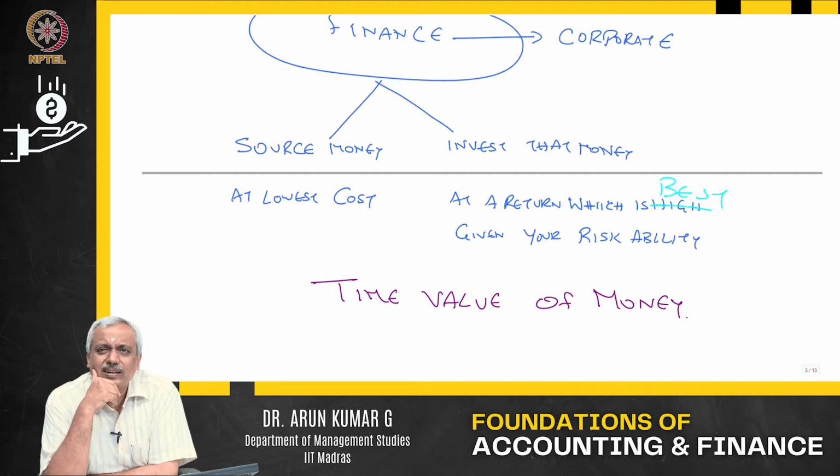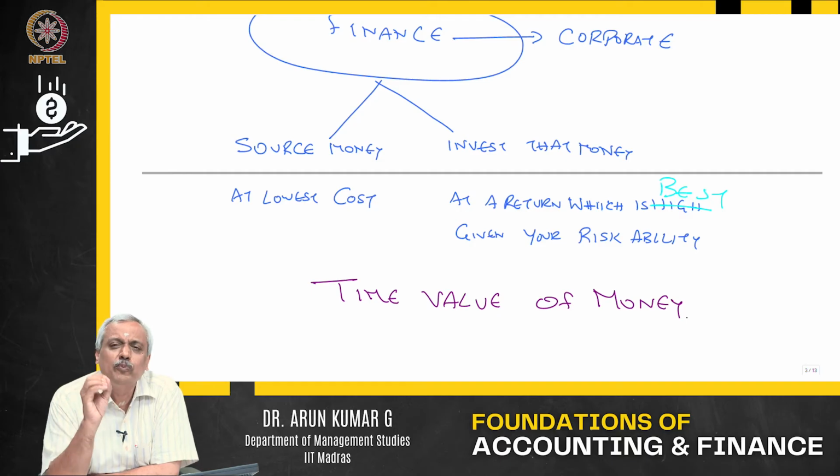Please note, a rupee today is worth much more than a rupee tomorrow. That is, supposing you have 100 rupees, you buy a particular product for 100 rupees today. 1 year down the line, to buy the same product, you will not be able to buy it at 100 rupees, you will have to pay little more than 100 rupees.